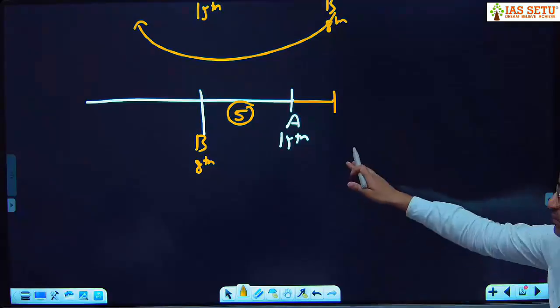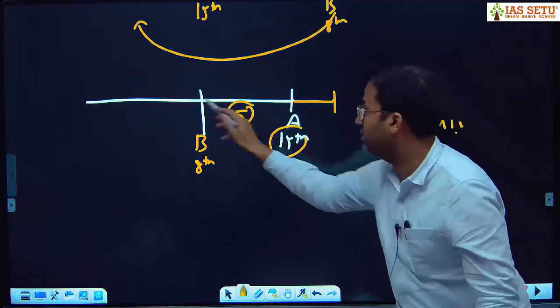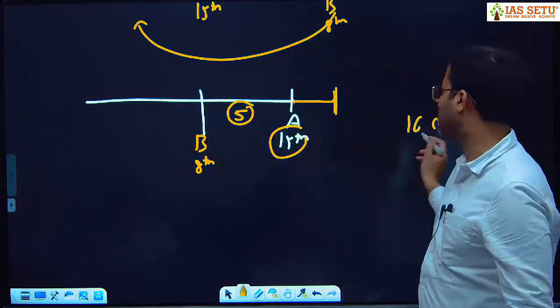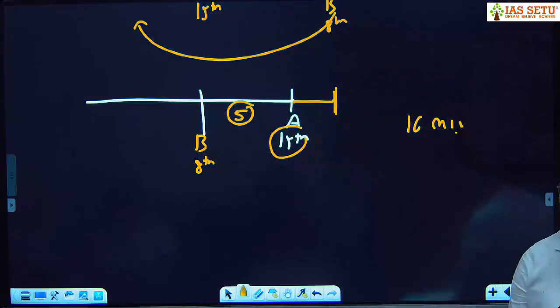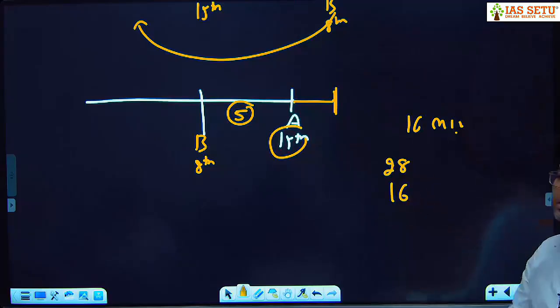So what is the minimum? 15 plus 1, 16. This is 15 and one extra, 16. So in this question number 2, the maximum is 28 and the minimum is 16, not 17.